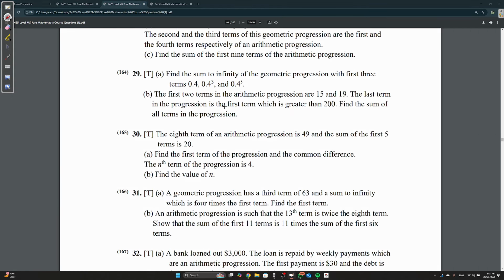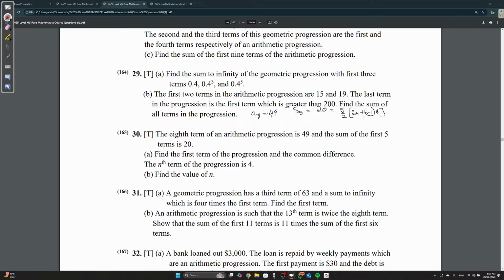Okay, the eighth term of an arithmetic progression is 49, and the sum of the first 5 terms is 20. So A8 is equal to 49, and the sum of the first 5 terms is equal to 20. So 5 over 2, 2a1 plus n minus 1 d is equal to 20. Find the first term of the progression and the common difference. Okay, let's start substituting what we know.